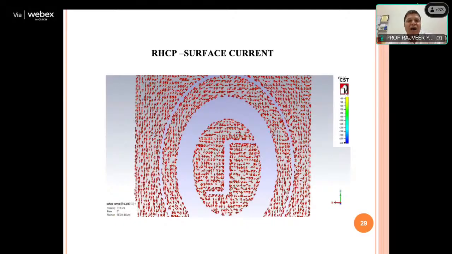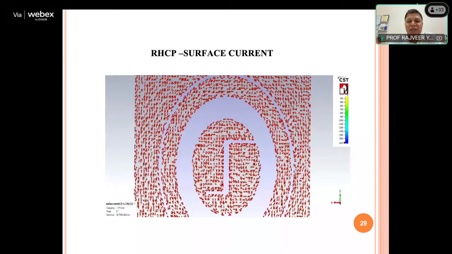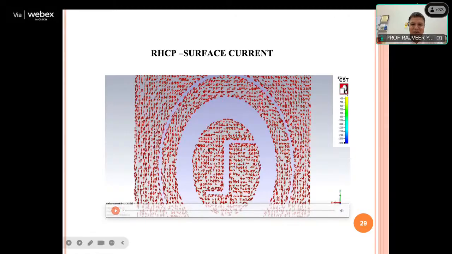These are RHCP. These E fields are rotating clockwise, and this clockwise rotation has been achieved using the Z-shaped slot created at the ground plane. If you observe more precisely, there is one arm here and another top arm.